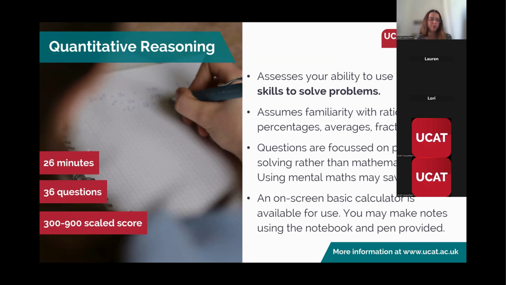You're also provided with, again, the on-screen basic calculator, and you've got your A4 laminated notebook and pen for note taking. So lots of candidates say using a combination of their mental maths and that note taking and the calculator helps them to answer these questions really efficiently. You've got 26 minutes to answer 36 questions in this subtest.